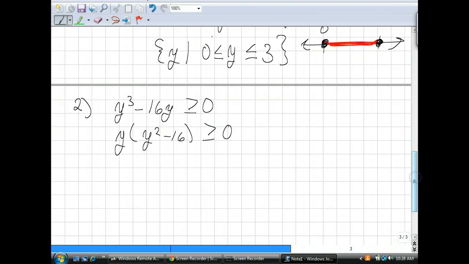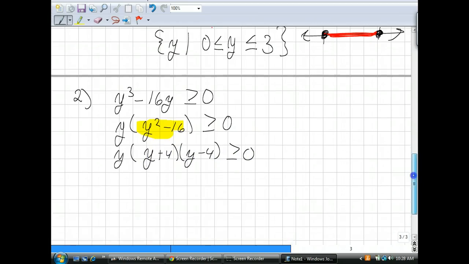Then continue factoring. What's in the parentheses is difference of squares. So we know that that will factor to y plus 4, y minus 4. Okay. Then we look for our critical points, and we do that by setting each factor equal to 0.